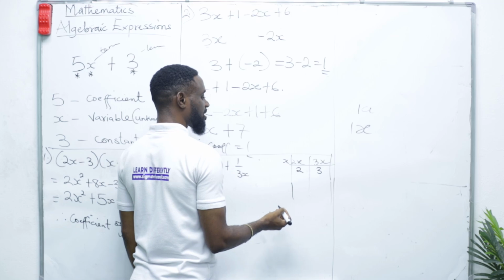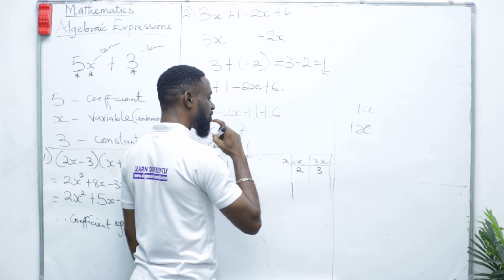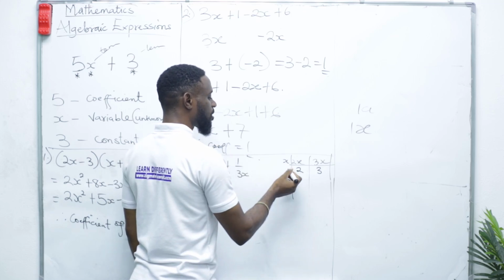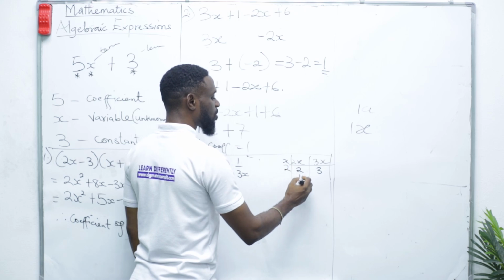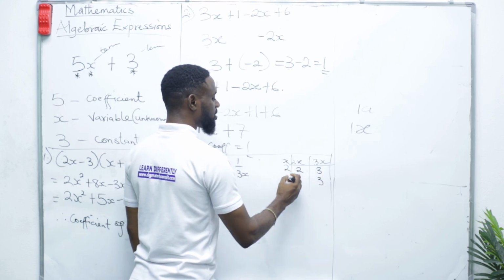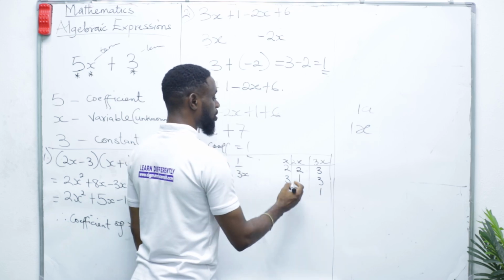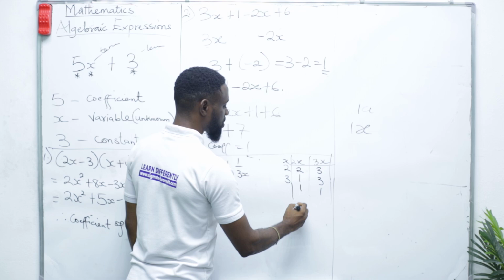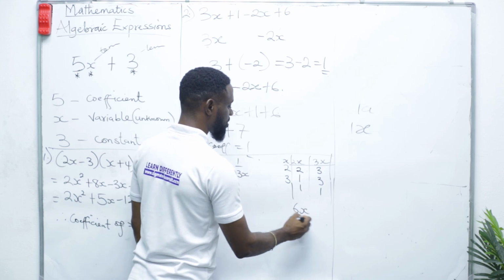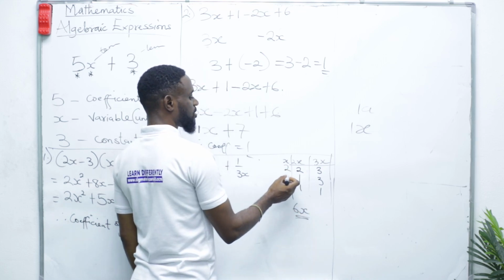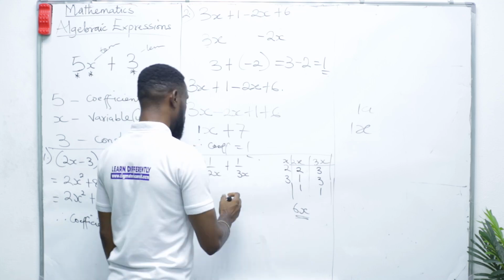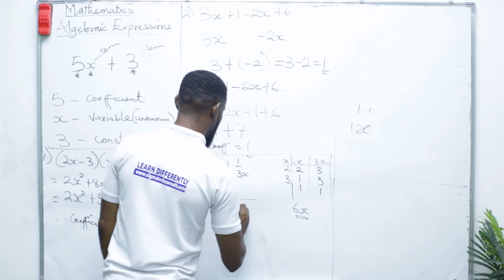Then for this particular one, 2 here, this will now be 1, and 3 here, this will be 1. So this will be 6x. That is 2 times 3, 6, times x, 6x. So here we have 6x.